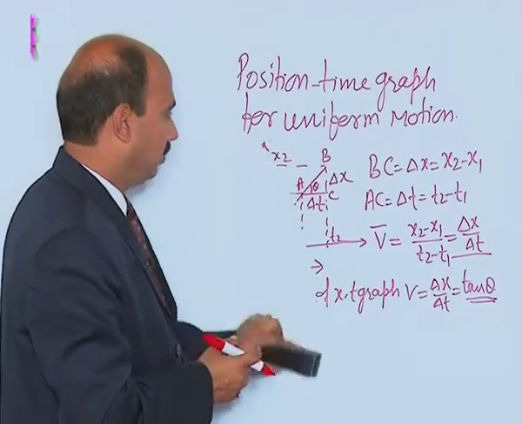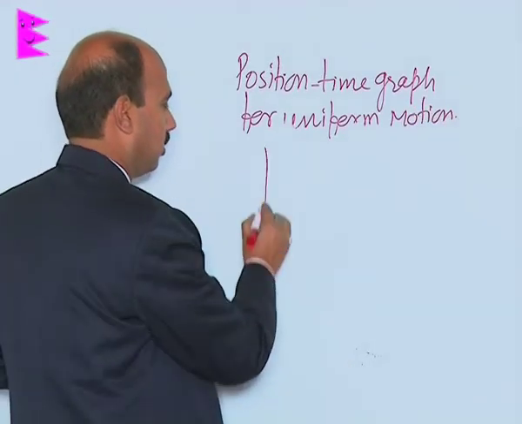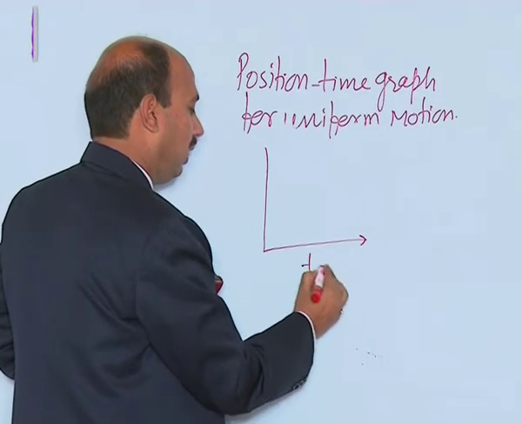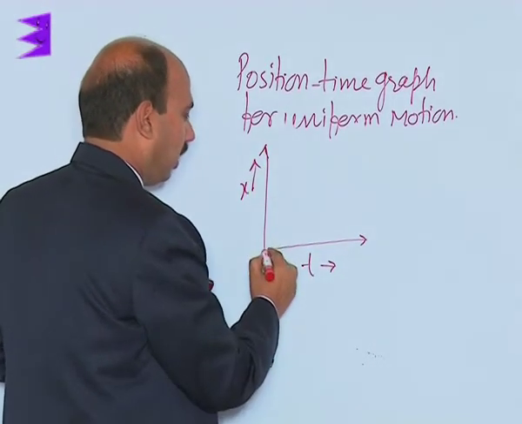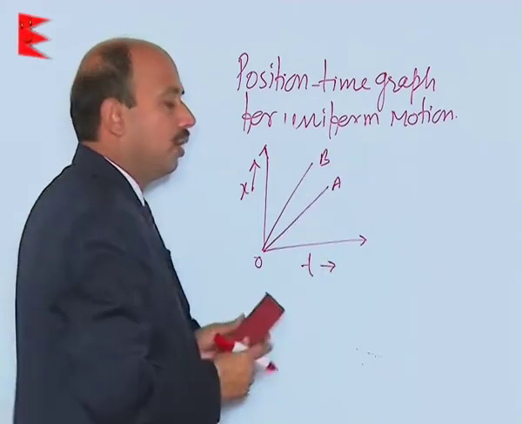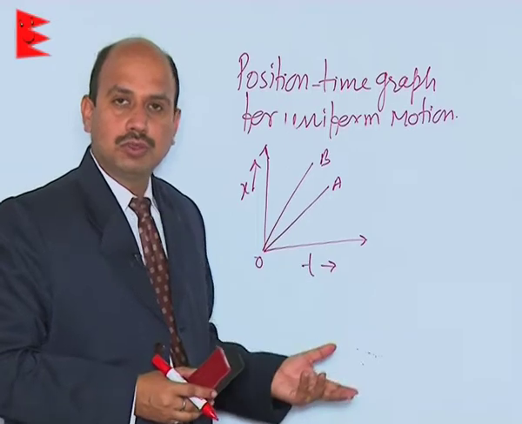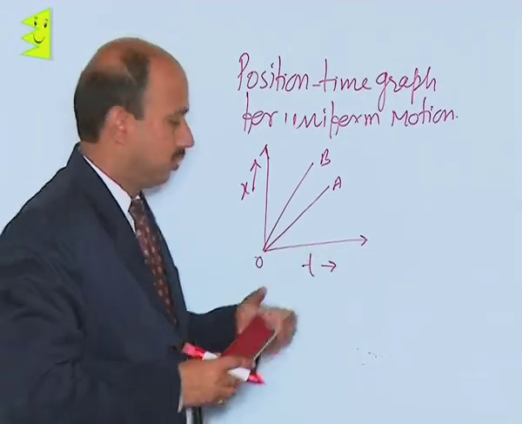For example, if you are taking two graphs like this, one is here t and this is x. I have taken two graphs A and B. Both graphs are for uniform motion. Out of these two graphs, which one has got greater velocity?